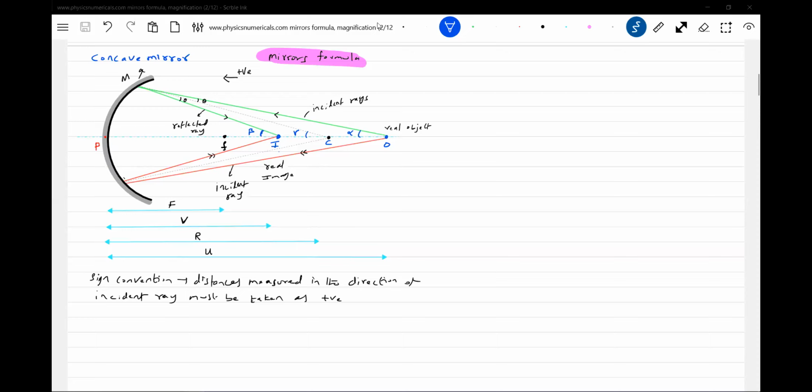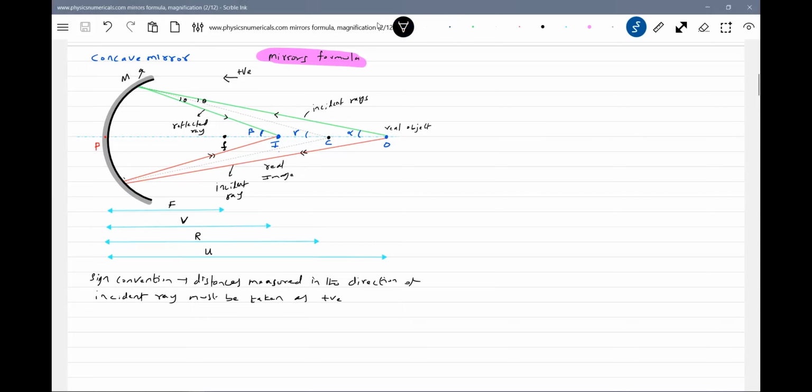The distances measured in the direction of the incident ray must be taken as positive, and all the distances are measured from the pole.